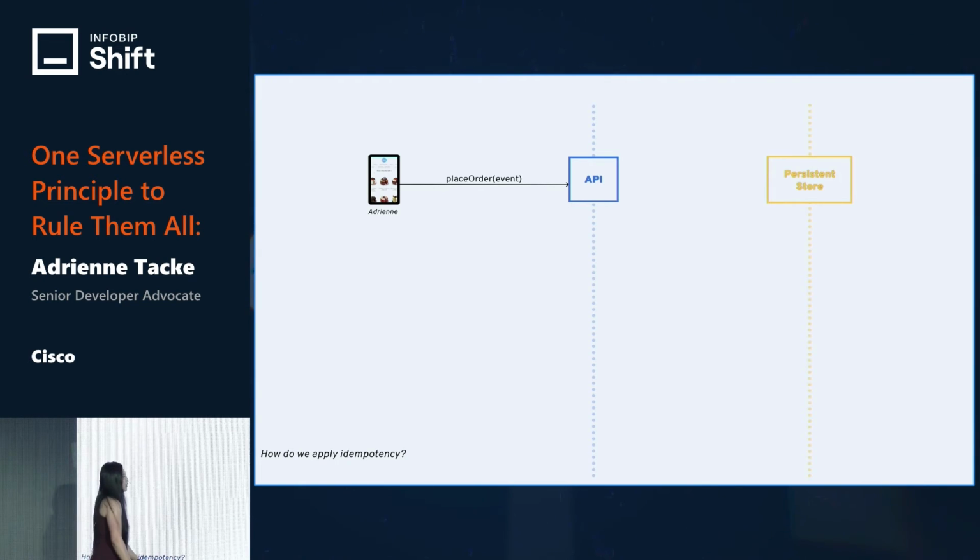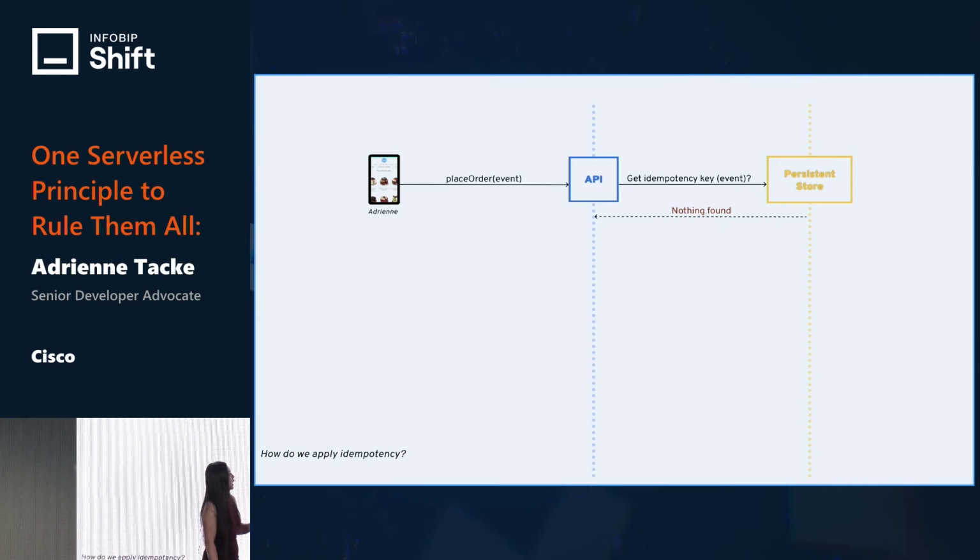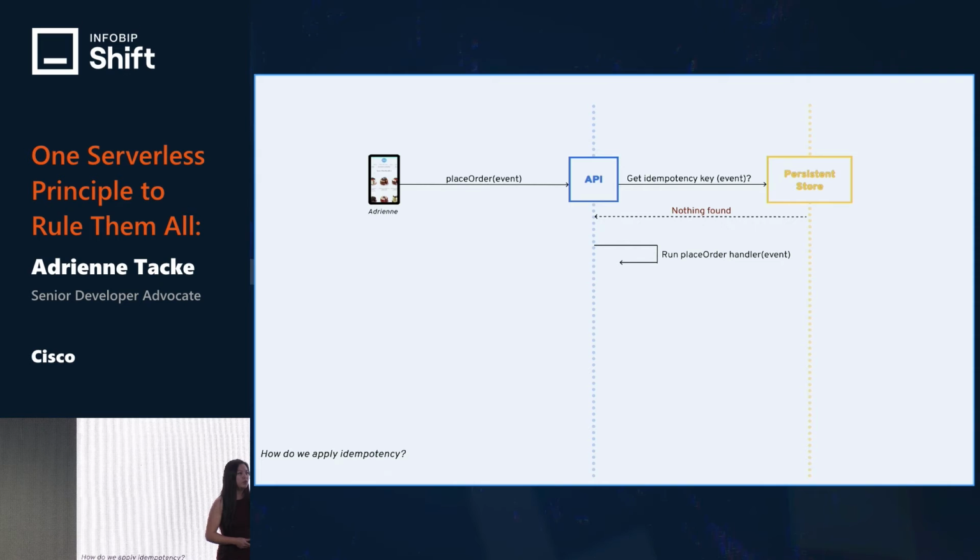This time, in a persistent store that we have, instead of immediately processing the request, we'll say, hey, can you get this idempotency key that I've sent in this event? And if there's nothing found, then we can safely assume that this process has not been started yet, that this particular request has not been seen before. And so we run whatever handler that is. We run what was processing the cake, maybe it runs the invoice, whatever. We can safely say, Fried's, go make this cake.